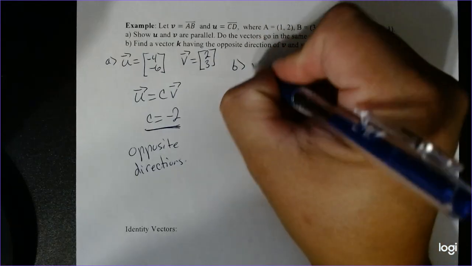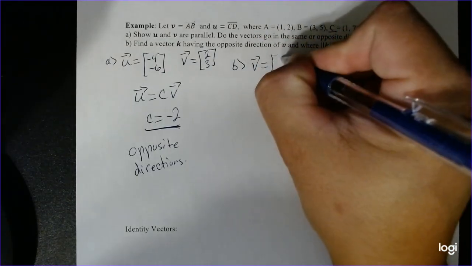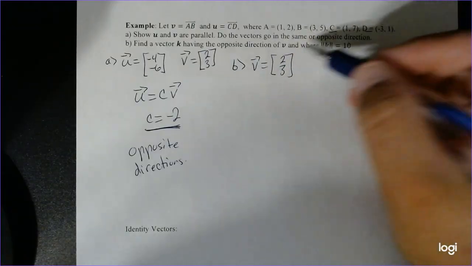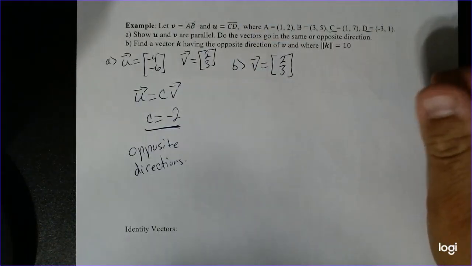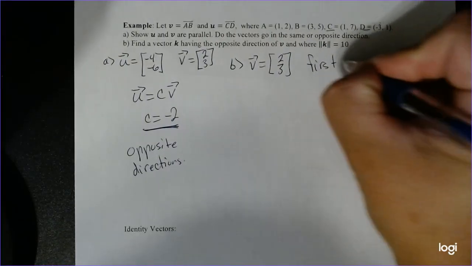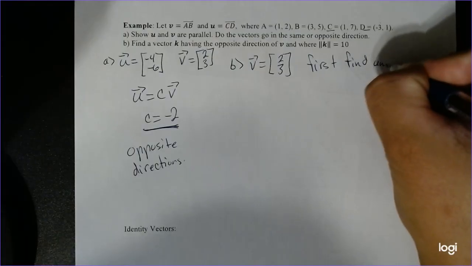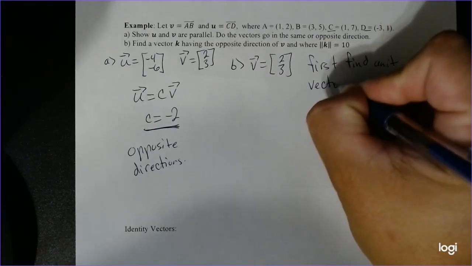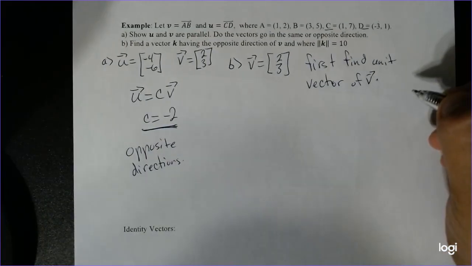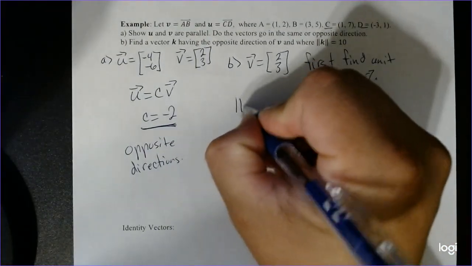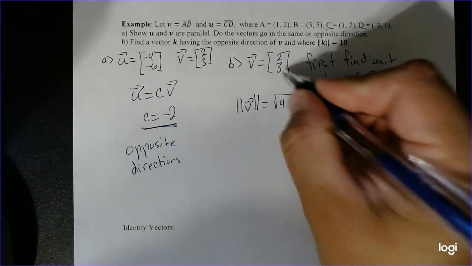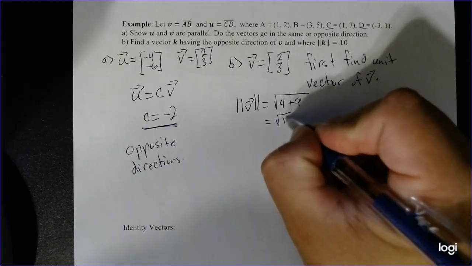Okay, here's our v, we'll just start from there: 2, 3. First we're going to find the unit vector of v. So 2 squared is 4, 3 squared is 9, so the length is the square root of 13.